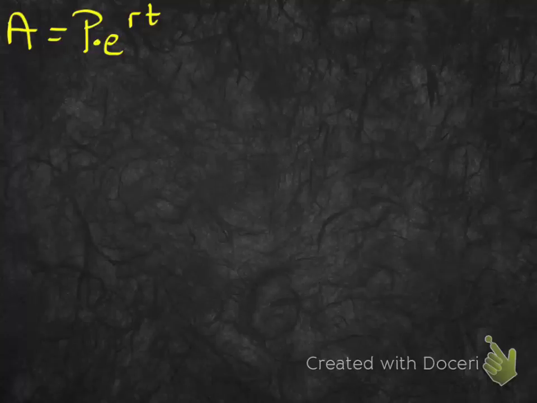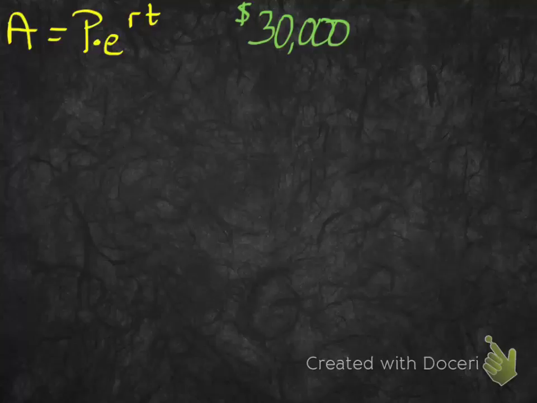Compounded continuously. So let's say you invested $30,000. The investment is compounded continuously for 5 years, and you have 6% interest rate.